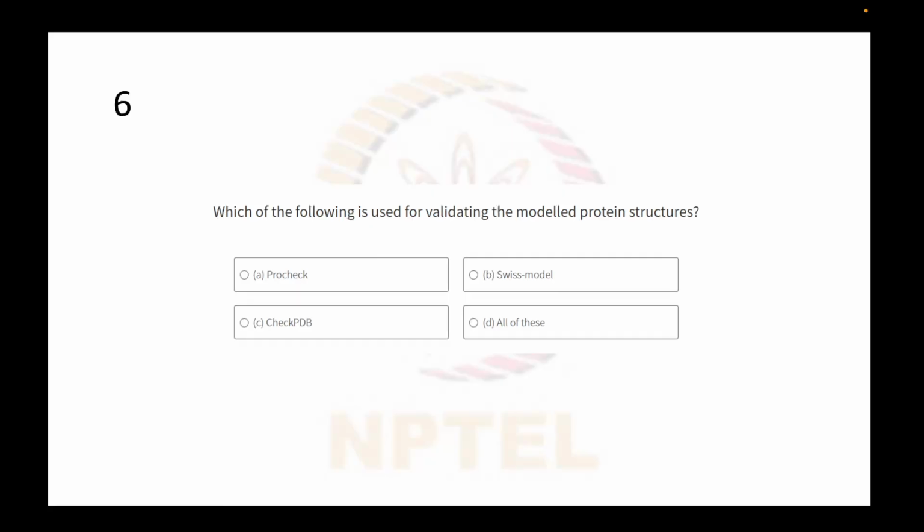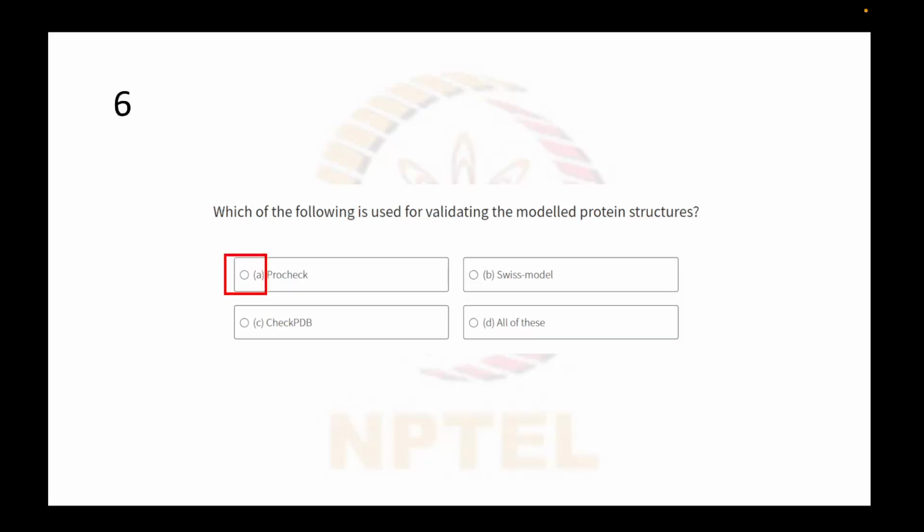Is ProCheck used, CheckPDB, Swiss model, or all of the above?